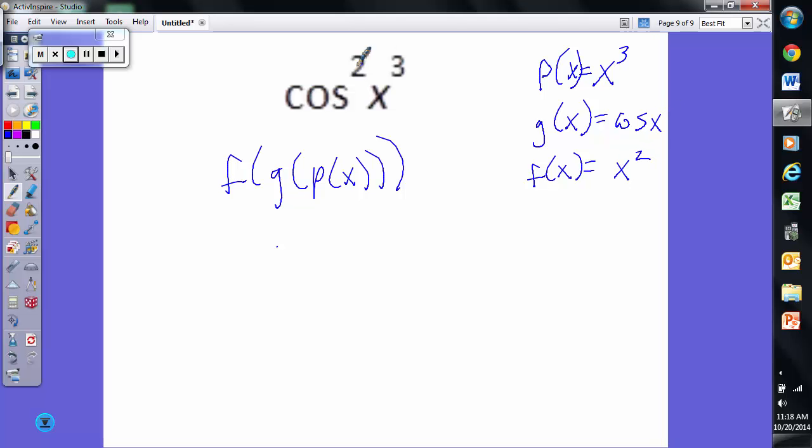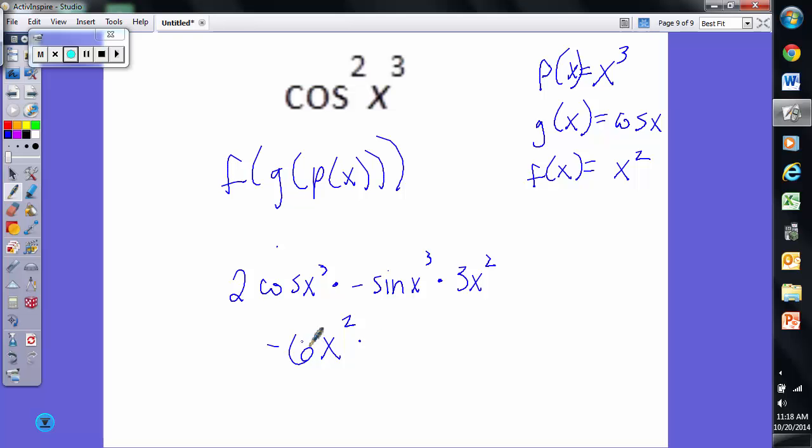So we're going to take the derivative of cosine squared, which is 2 cosine x cubed to the 1, times the derivative of cosine, which is negative sine of x cubed, times 3x squared. I know that seems crazy and really hard. We'll talk about it.